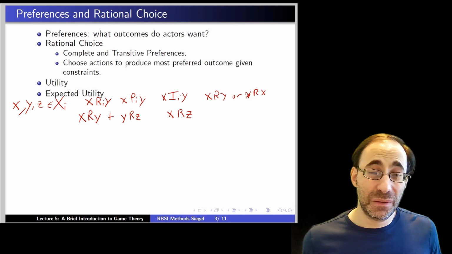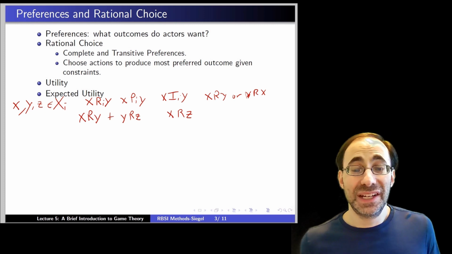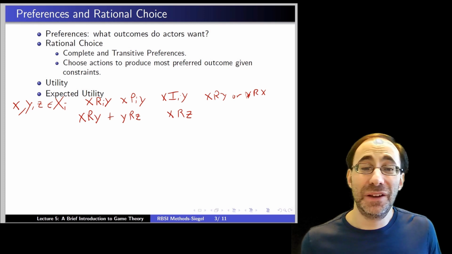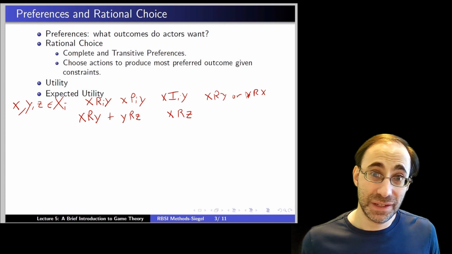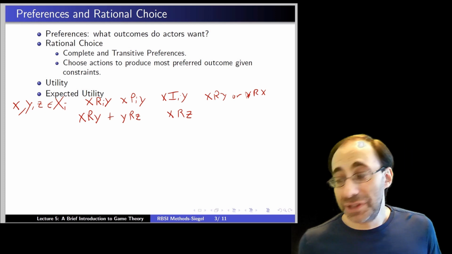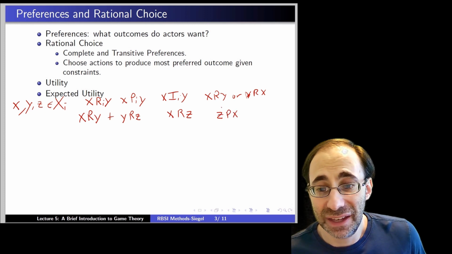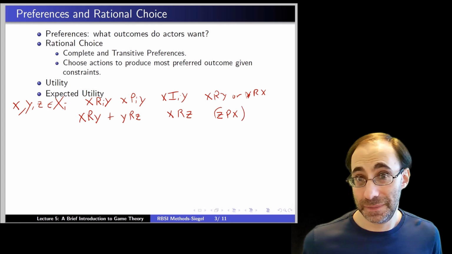Why is that? Let's say I didn't. Let's say instead, I like x better than y, and y better than z, but I like z better than x instead. What does that mean in this case? It would mean I like z strictly better than x.